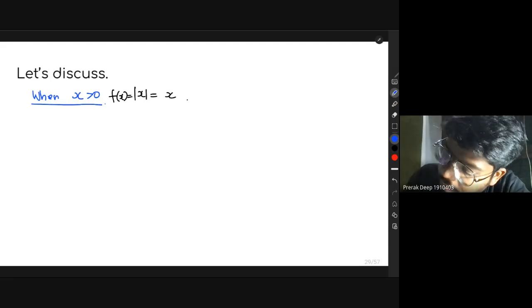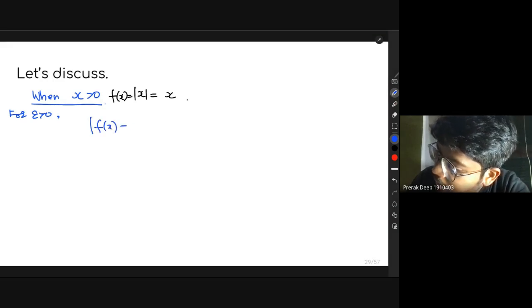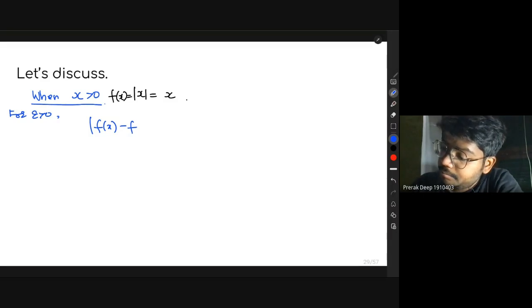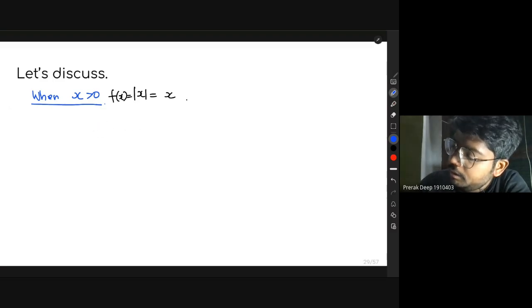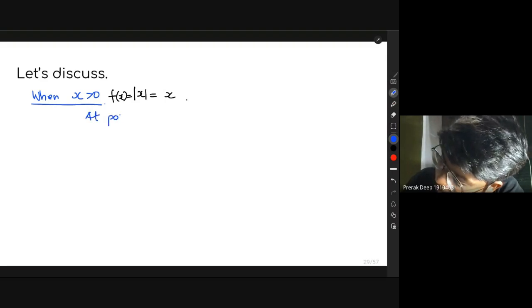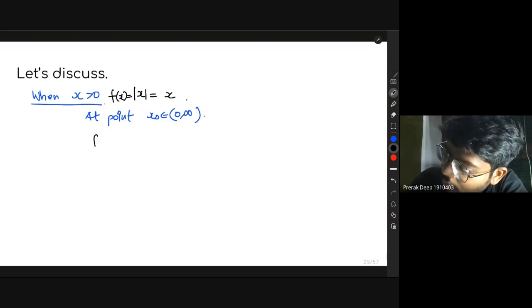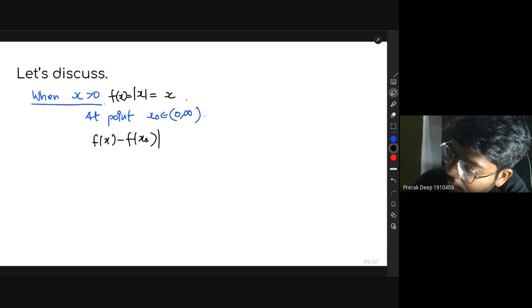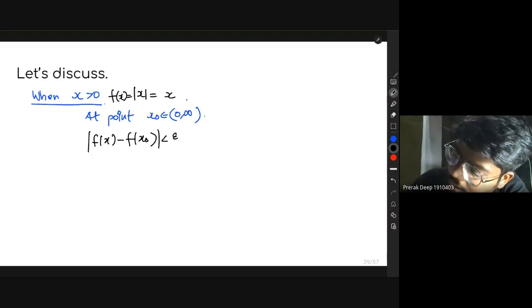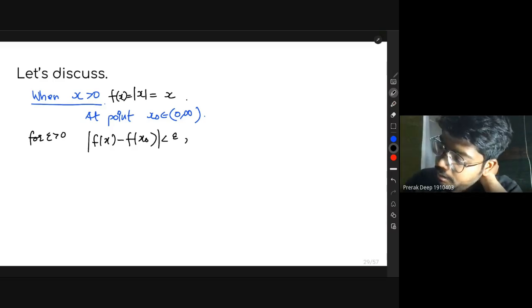Now we start with epsilon. We prove continuity at some point x naught in (0, infinity). That means |f(x) minus f(x naught)| is smaller than epsilon, for given epsilon greater than 0. You need to find a delta so that this happens.